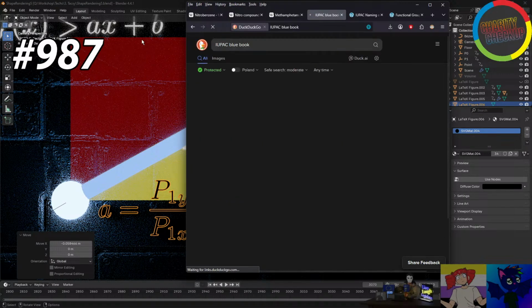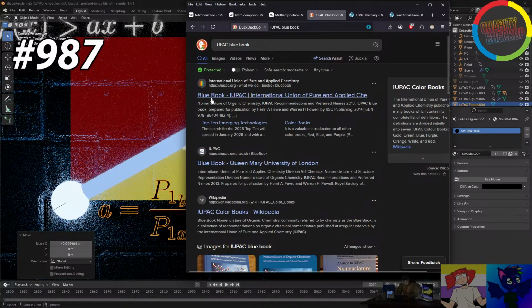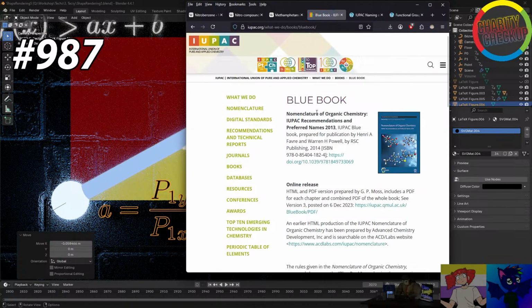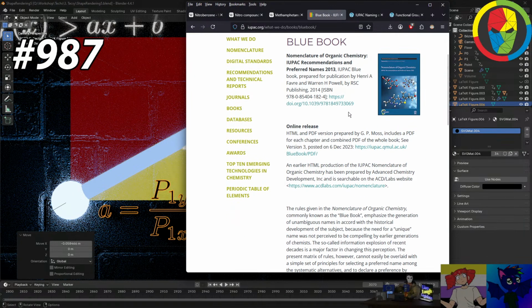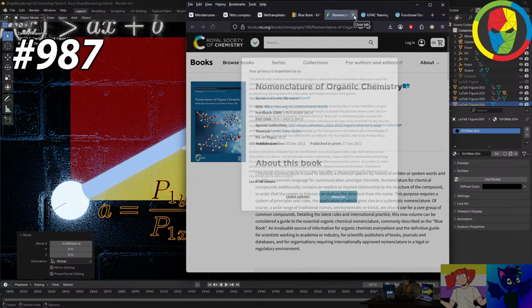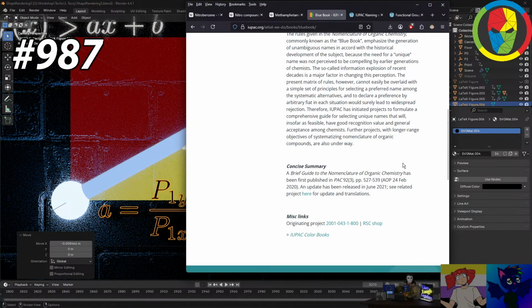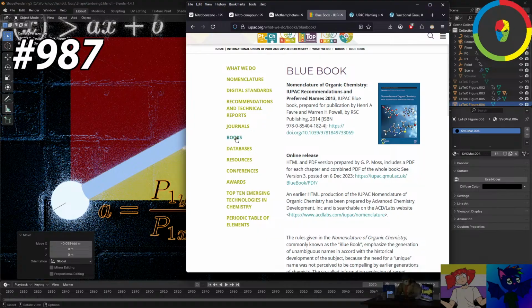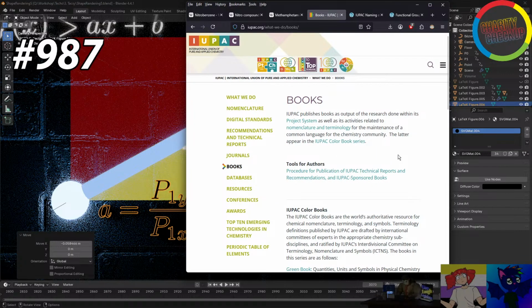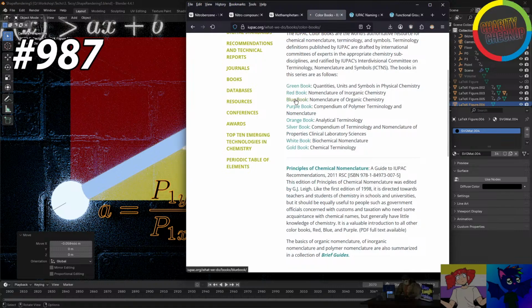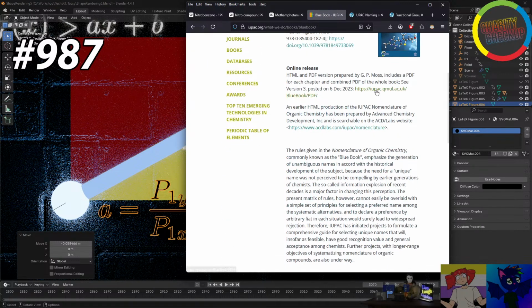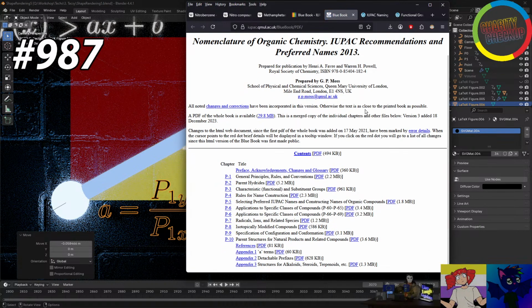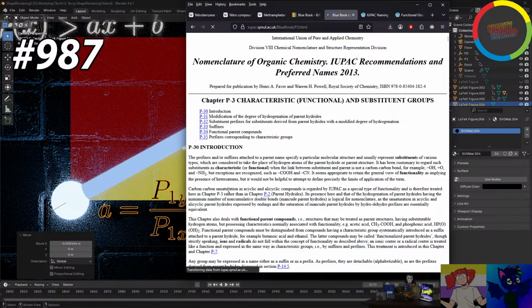Blue book. Blue book. There we go. I remembered correctly. That's good. Oh, brilliant. Okay, let's just open the PDF. There we go. And then functional groups. There we go.